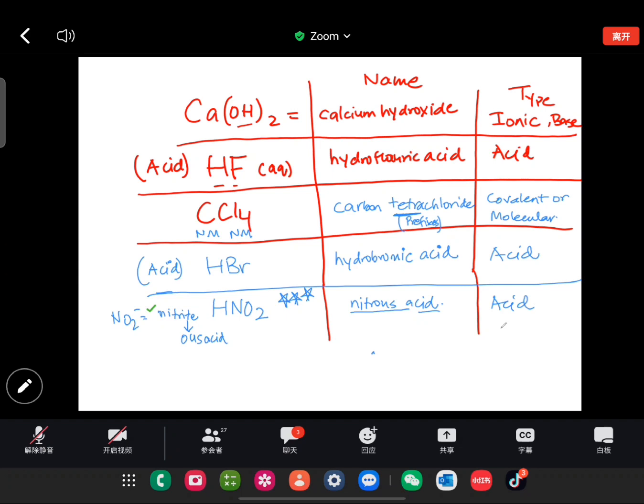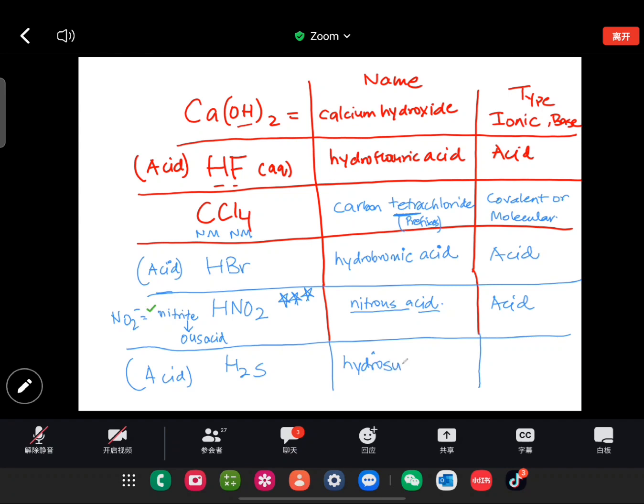The last one is H2S. And it's an acid as well. So any acid, hydrosulfuric acid. Yes, very nice.